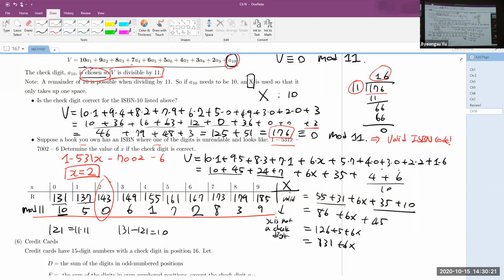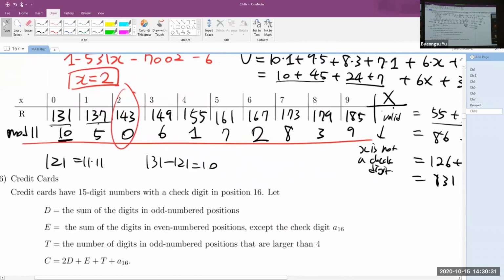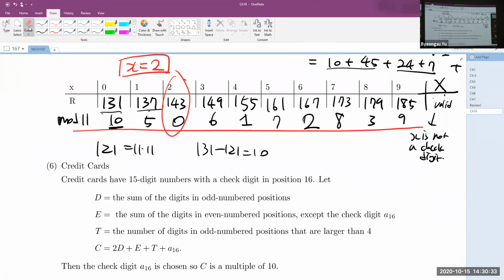Yes, divided by 11 was 5. Yes, you're right. I just want to know how you got the mod. Oh, that's a good point, Avi. I just did it very fast, so I will explain it again. What I actually do to get this number 5 is that, as you said, it is just 10 plus 6 mod 11, so 16 mod 11, which is 5.